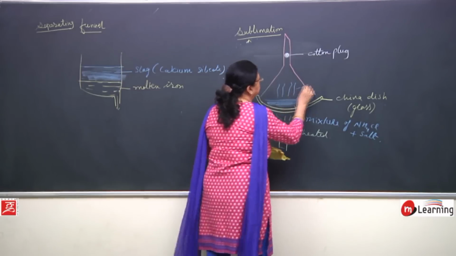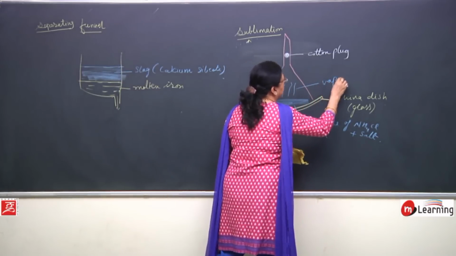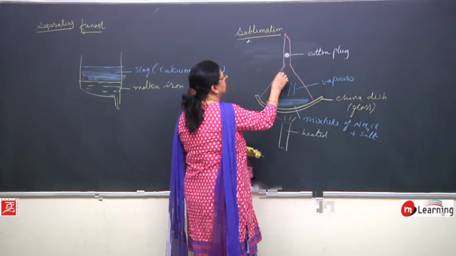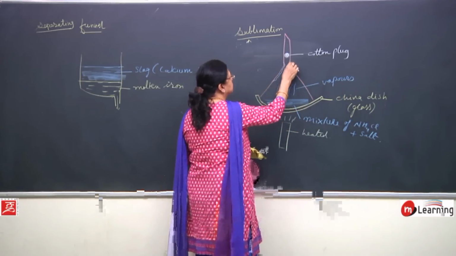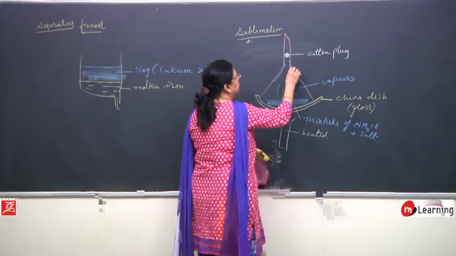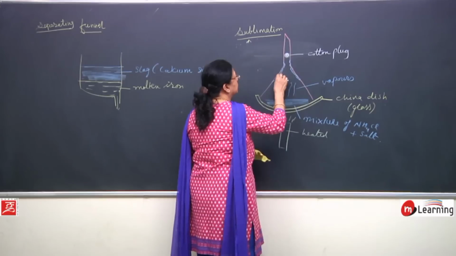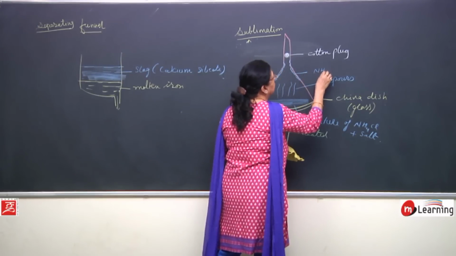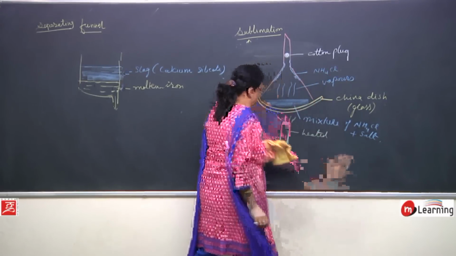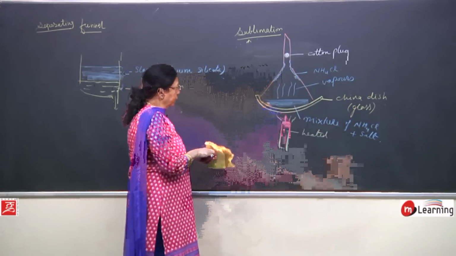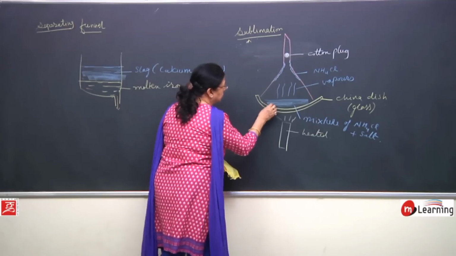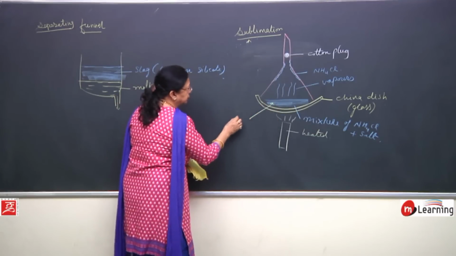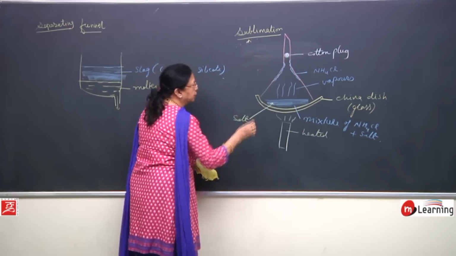These vapors will get condensed over here and will form solid ammonium chloride. And what is left here in the china dish? That will be salt, right.